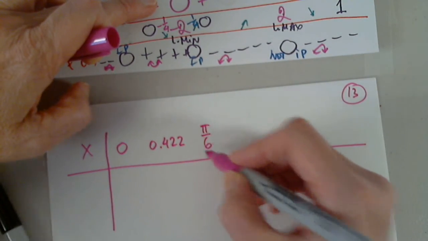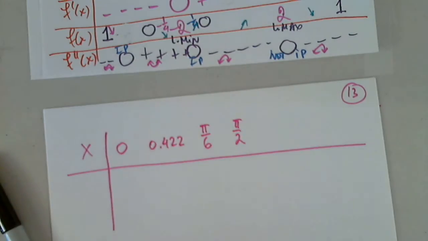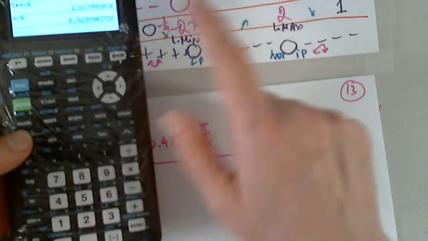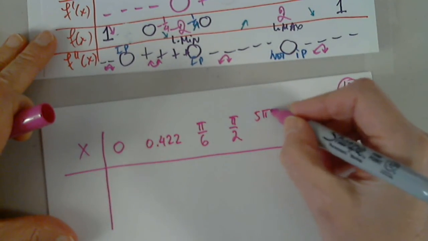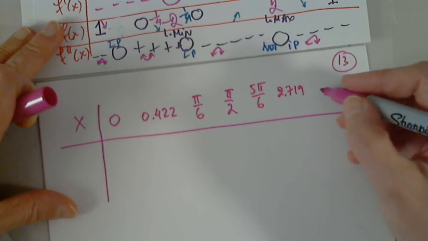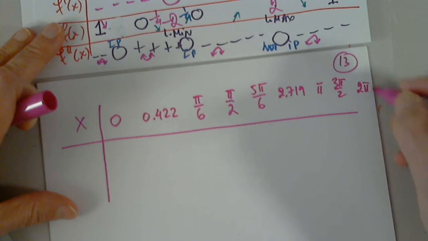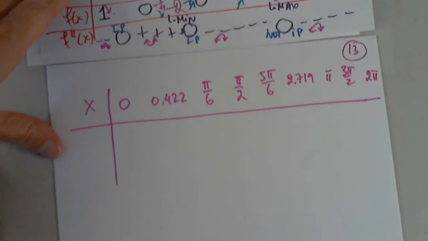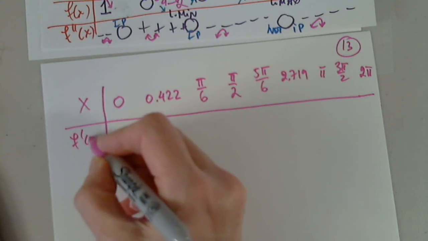Then I have pi over 6. Then I have pi over 2. Then, now I'm checking again, because I made an error with that. So what was 5 pi over 6? 2.61, and that is correct. So 5 pi over 6. Then 2.719. Then pi. Then 3 pi over 2. And then 2 pi. I should have graphed it on a table on landscape instead. But that's okay. I think it's okay now.